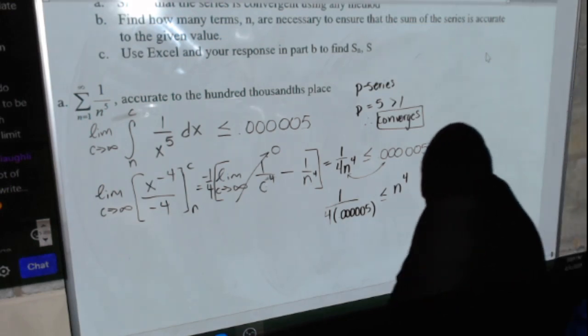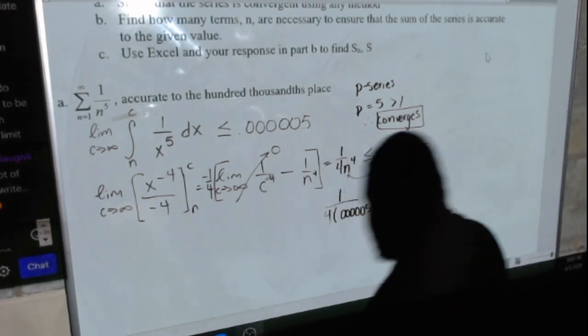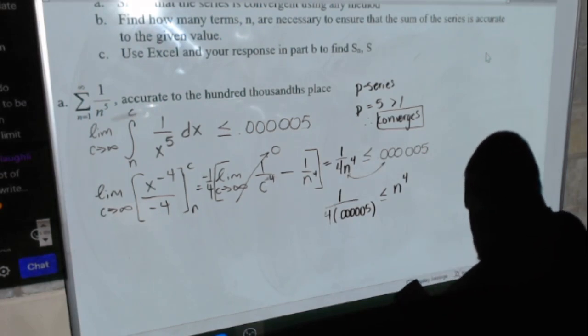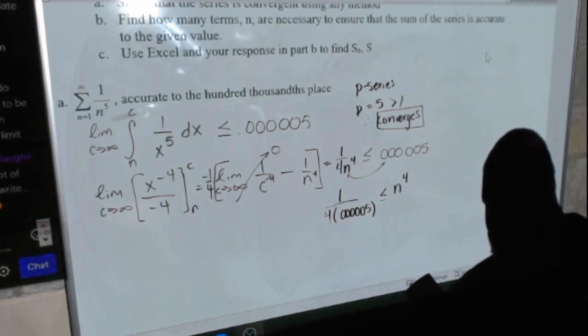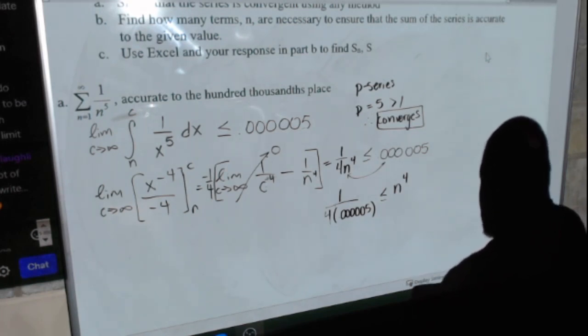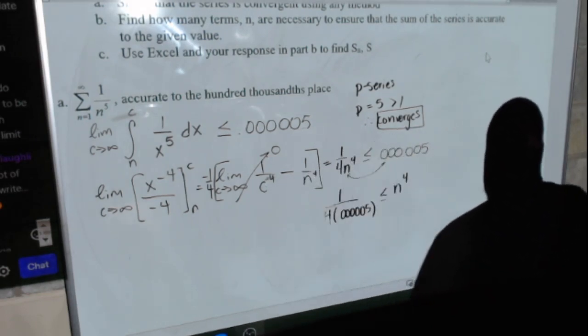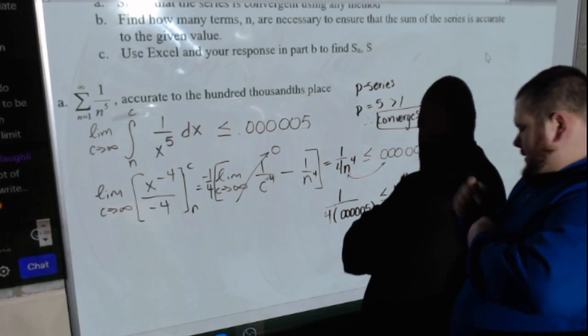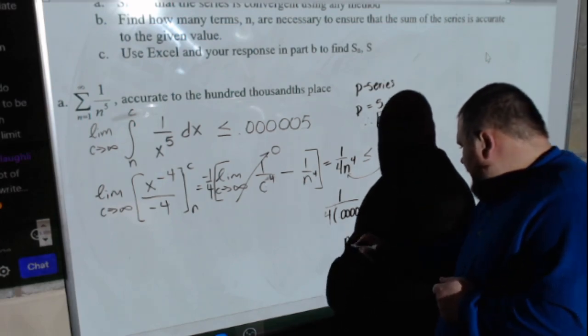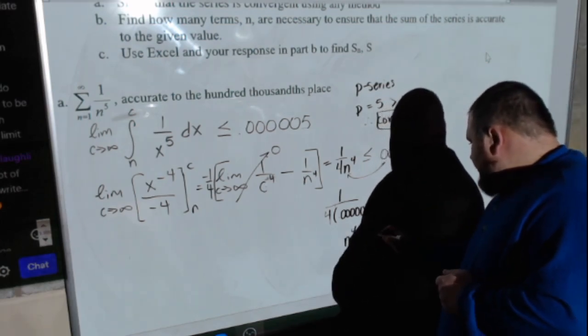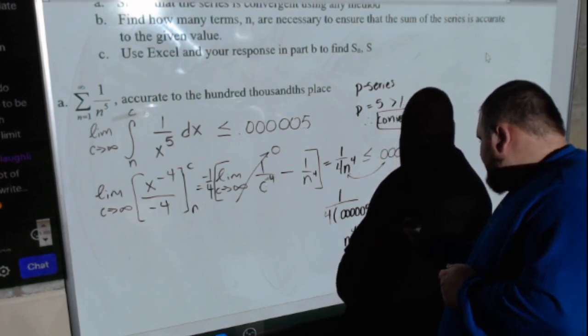So let me see what that number is. That is 50,000. So that says n to the fourth is greater than or equal to 50,000.